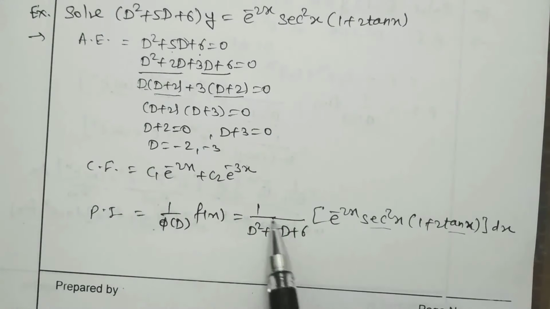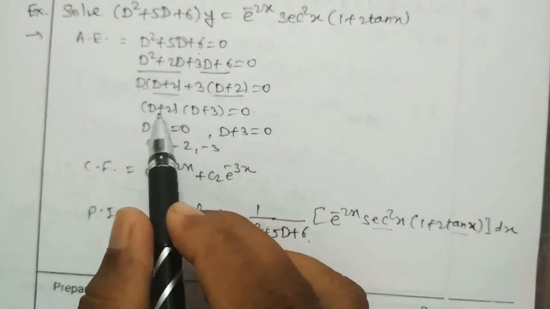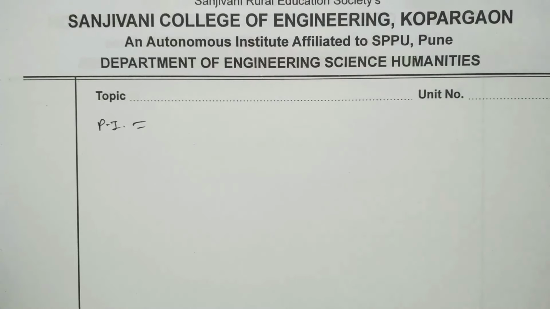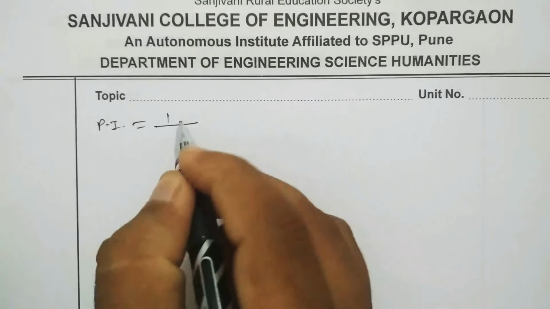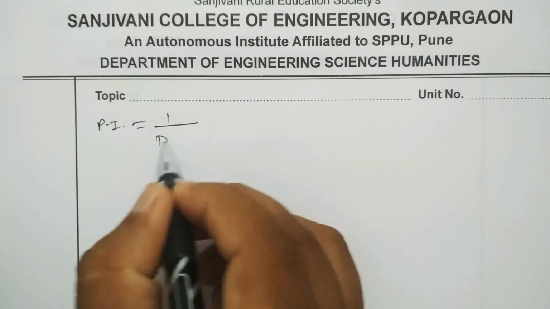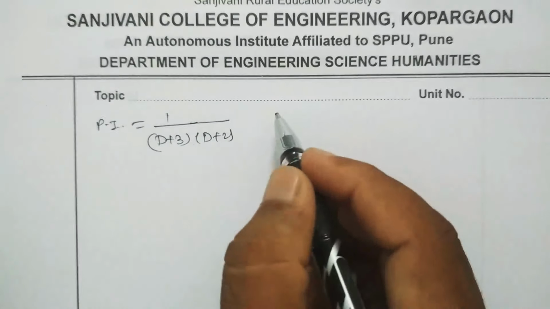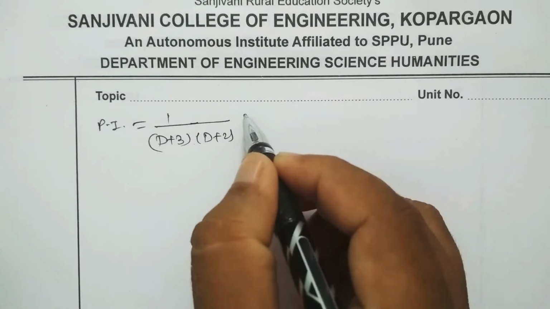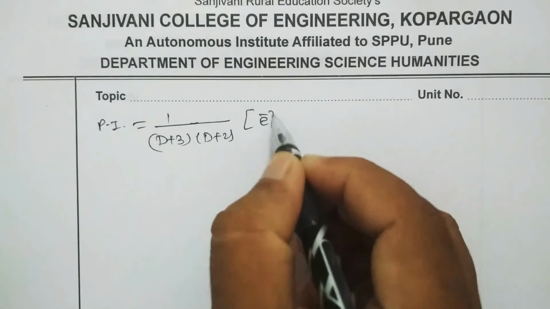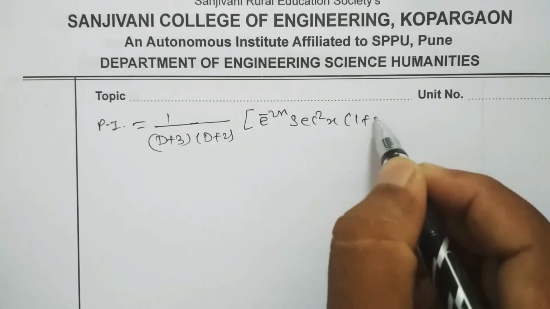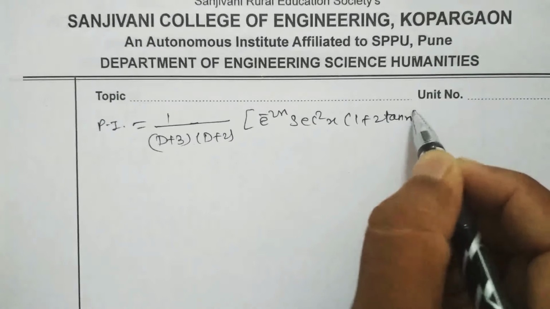So for that, write D² + 5D + 6 in terms of factors, (D + 2)(D + 3). So you will get PI = 1/((D + 3)(D + 2)) into f(x), which is e^(-2x) sec²x (1 + 2 tan x).